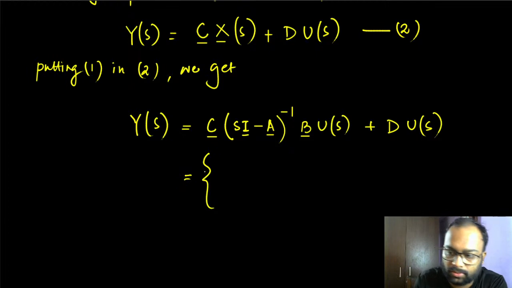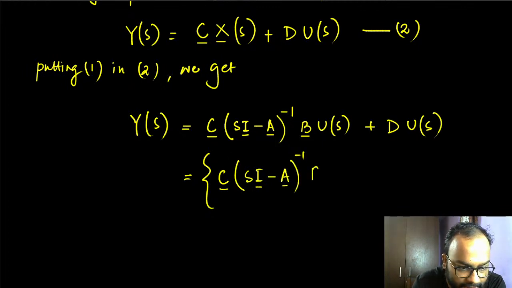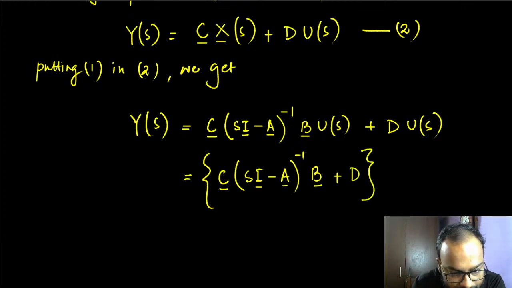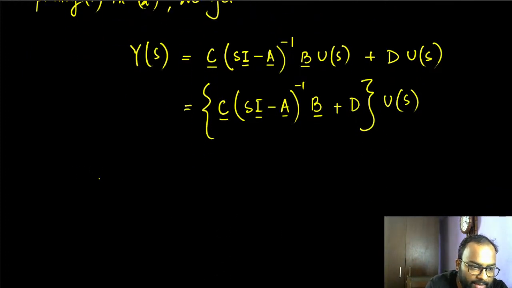So this becomes C (sI minus A) whole inverse times B plus D, and this is times U(s), right? And therefore, what is Y(s) by U(s)?